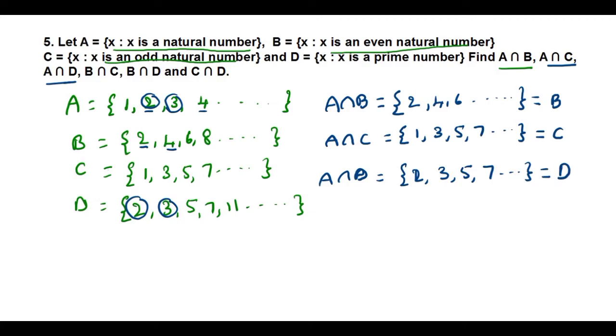And what is B intersection C? B is 2, 4, 6, 8, even numbers. C is 1, 3, 5, 7, odd numbers. Then there is nothing common in both, so you will get the null set.